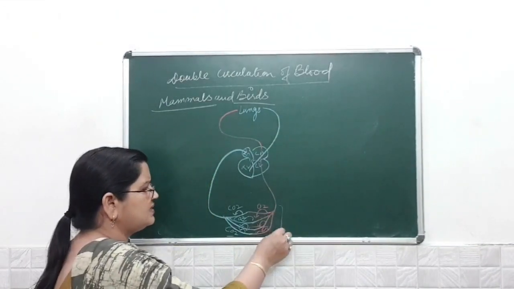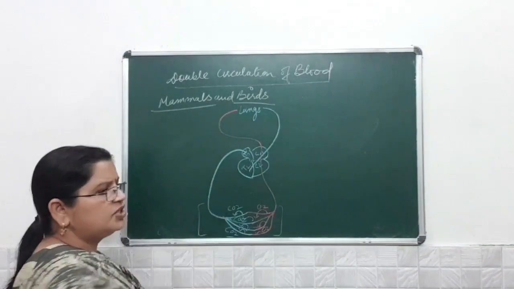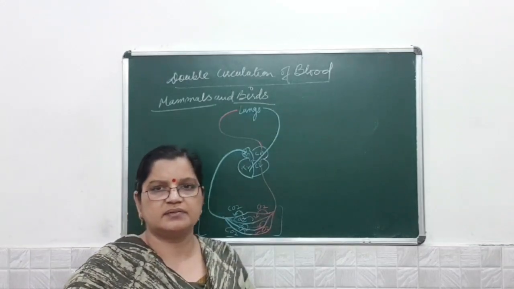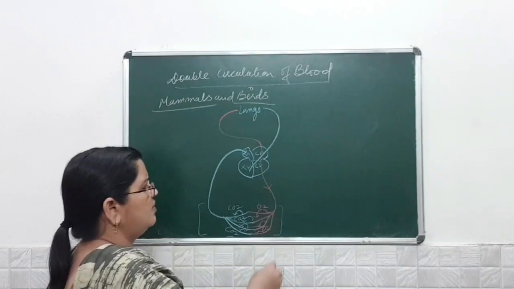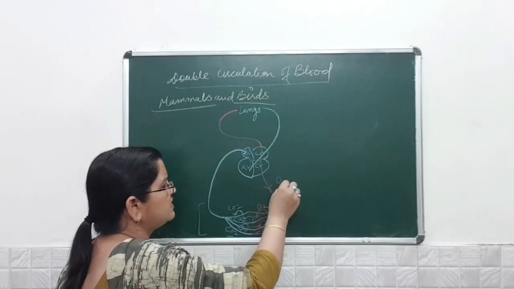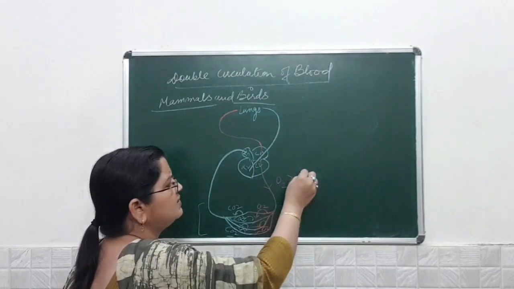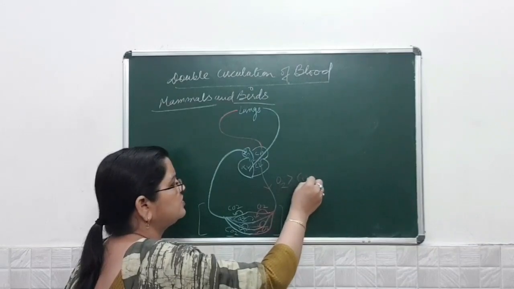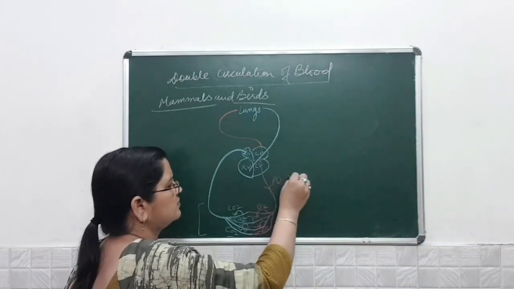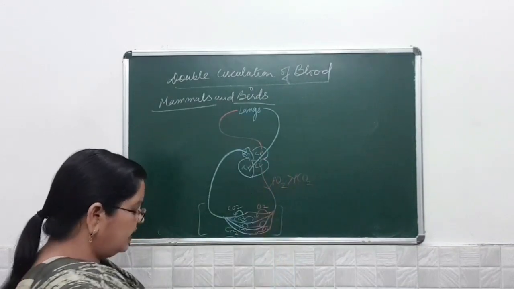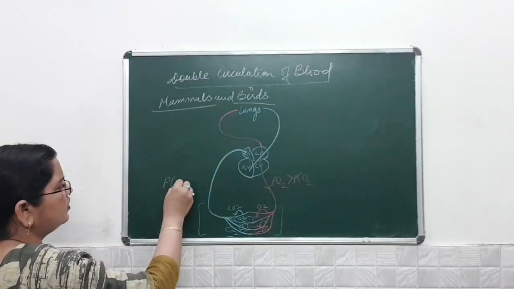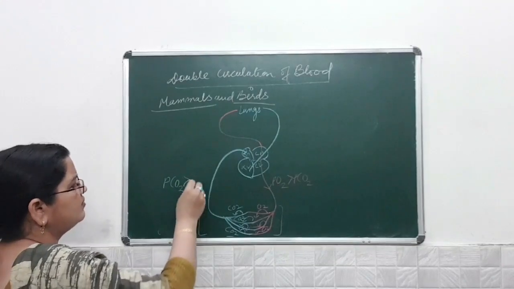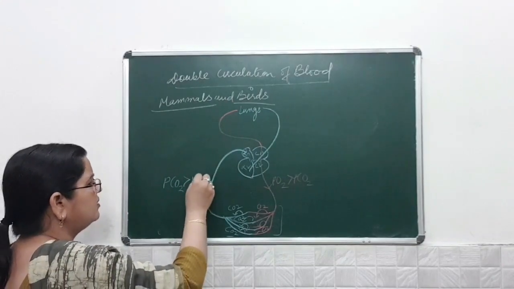Diffusion takes place due to pressure gradient. In oxygenated blood, partial pressure of oxygen is more than partial pressure of CO2. But in deoxygenated blood, partial pressure of CO2 is more than partial pressure of O2.